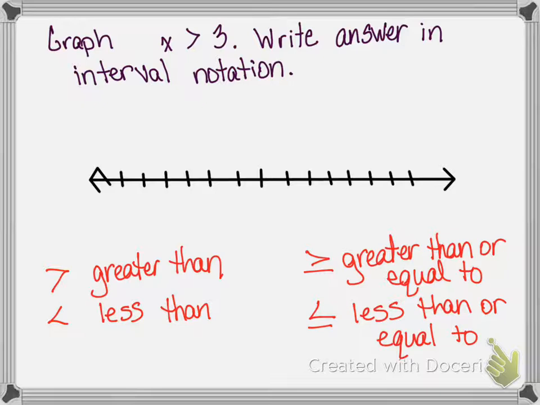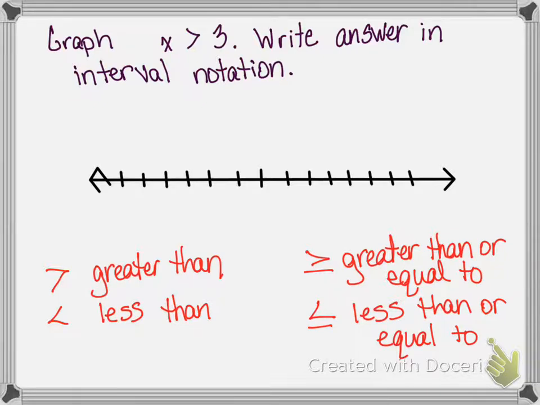Now, if I tell you I want you to pick a number, and that number that you're going to pick is x, and it's got to be greater than 3, can you pick the number 3? No. Okay? Because it's got to be greater than 3. Now, if I tell you I want you to pick a number greater than or equal to 3, can you pick 3?